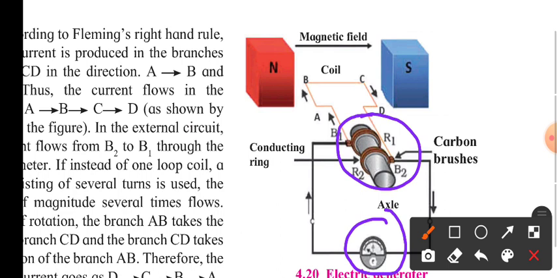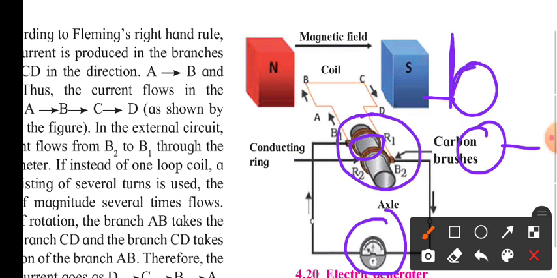The slip rings are where the coil can continue with the same ring. The complete rings are there, 2 rings, and the coil connected to them is completing 1 cycle. So the current in the arms AB and CD remains the same, or the direction remains the same.